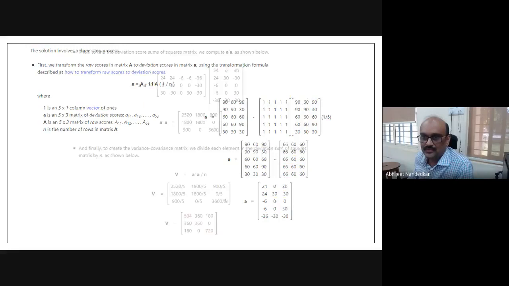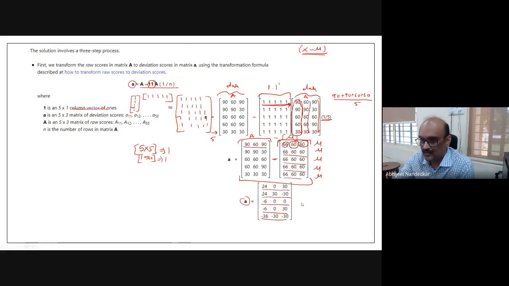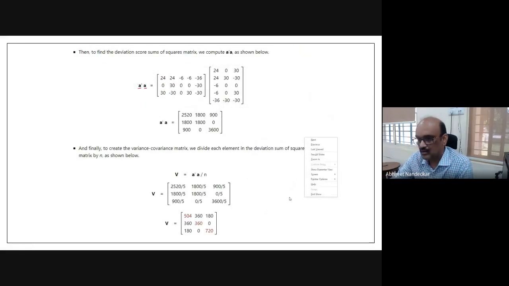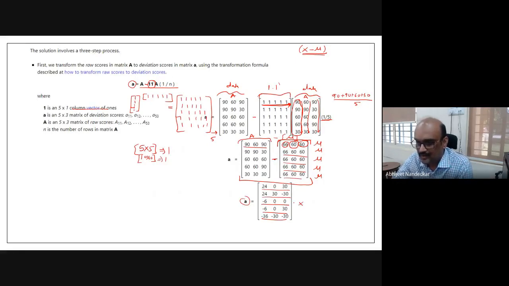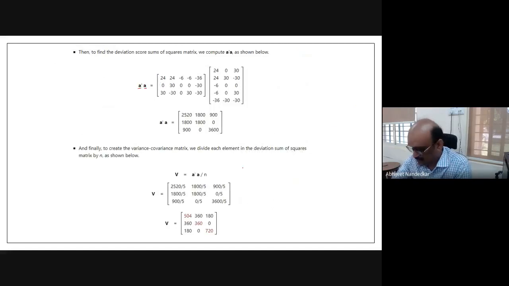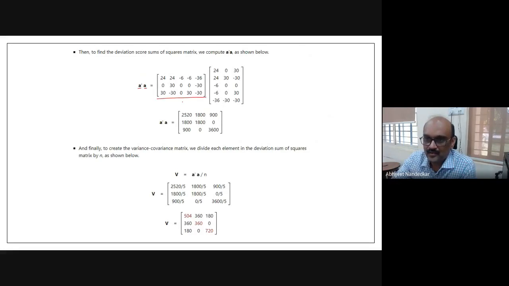Now what is the next step? You multiply this A dash, that is A transpose, with A. So this will be your A transpose multiplied with A. So this is the transpose version of A, and this is A. When you multiply, you will straightway get a 3 by 3 matrix.